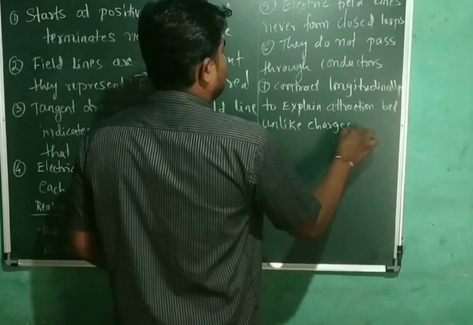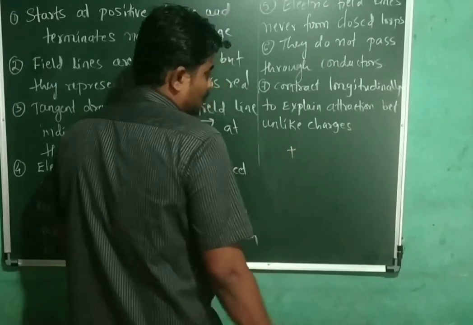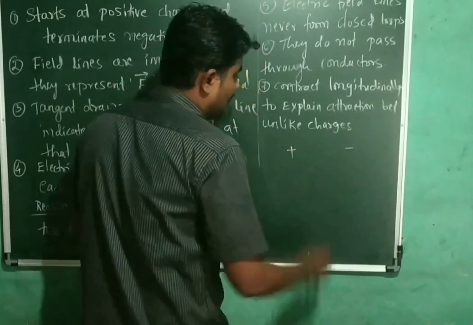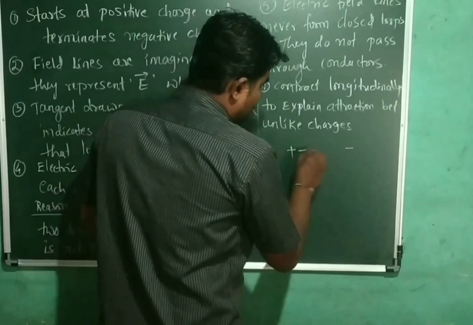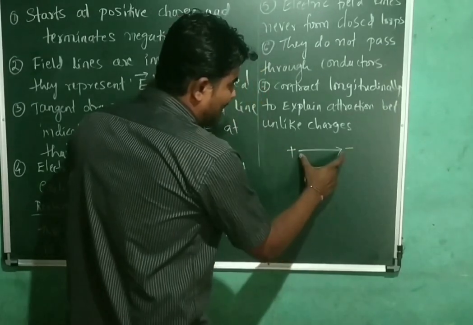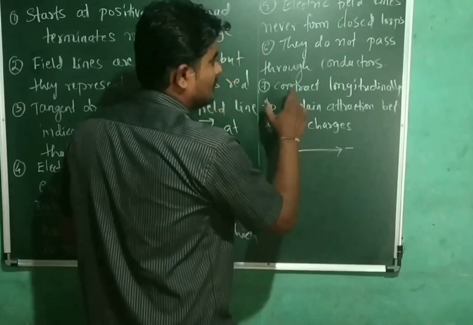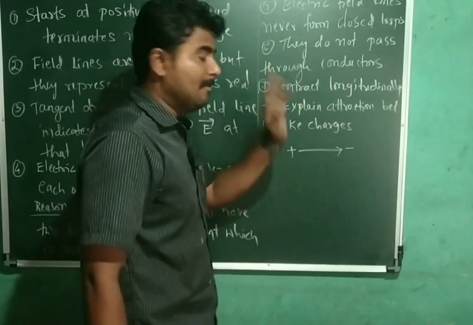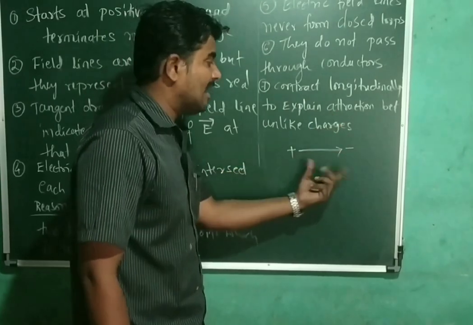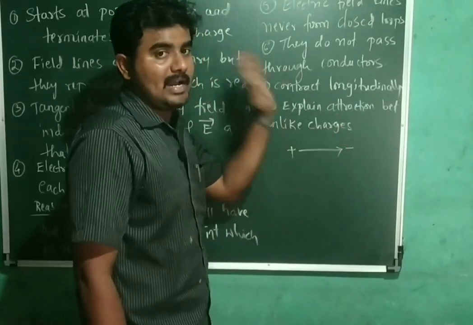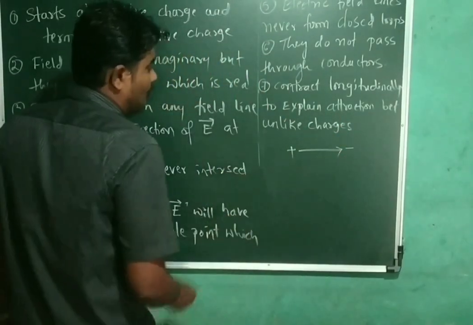For example, imagine this is a positive charge and this is a negative charge. These two unlike charges attract each other, therefore this length will reduce. Length decreases means they contract longitudinally. That indicates attraction. If the length decreases, then the force is said to be attraction. That is the seventh property.